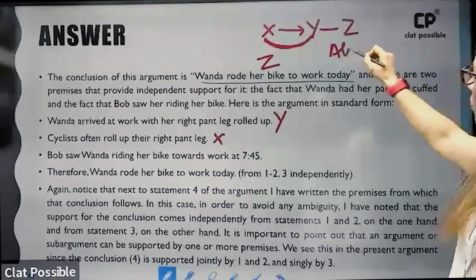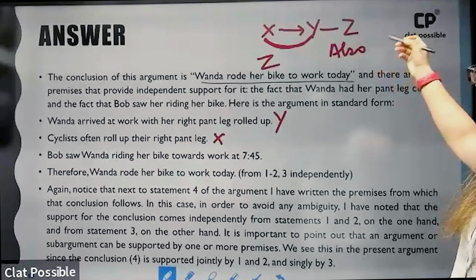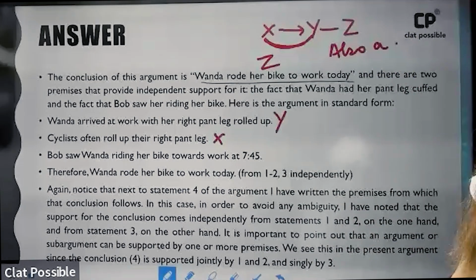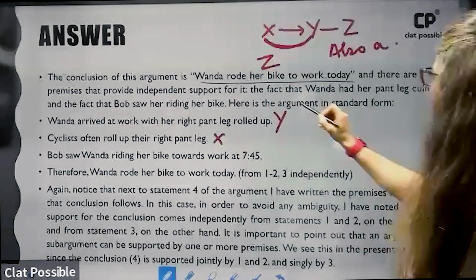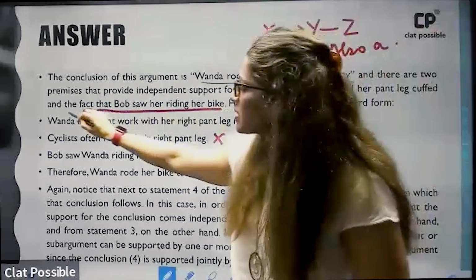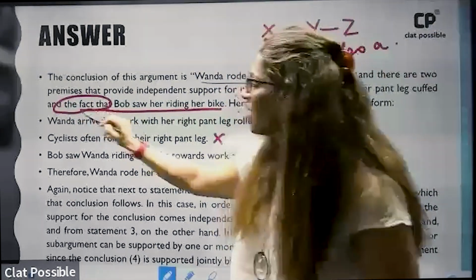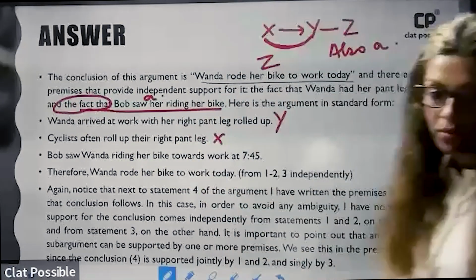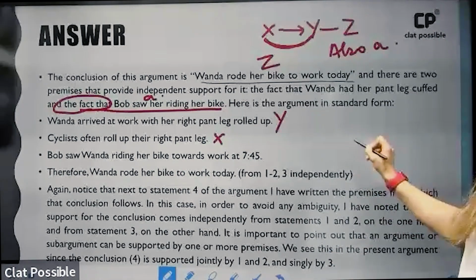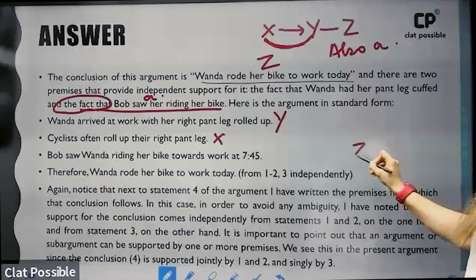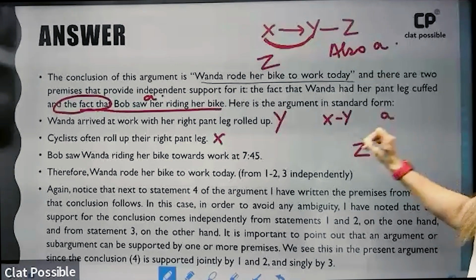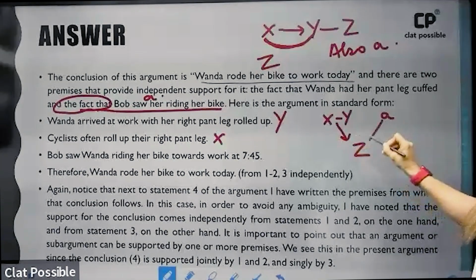Also, let's call it A. And look at the premises and the fact that, and the fact means this is an additional premise. So we have Z, X, Y, A. So these two are independent.